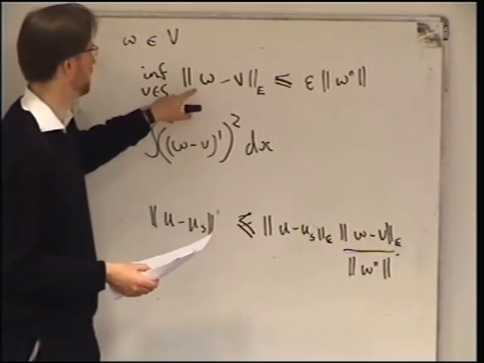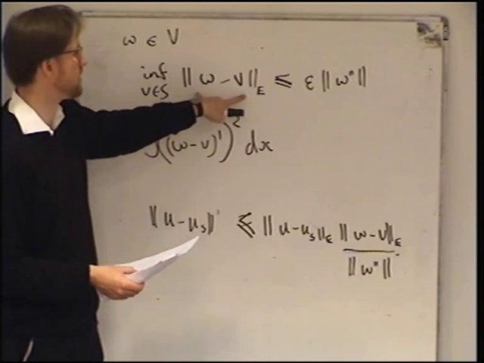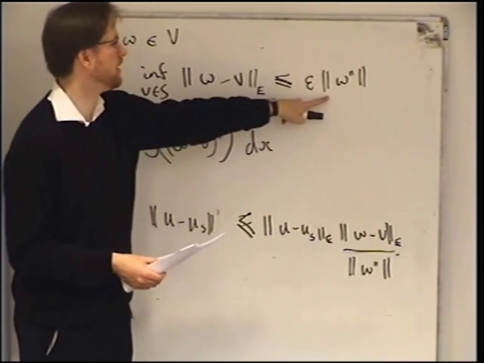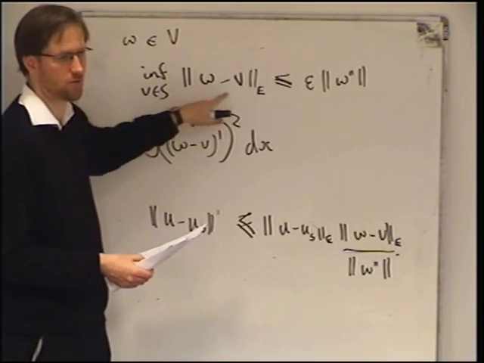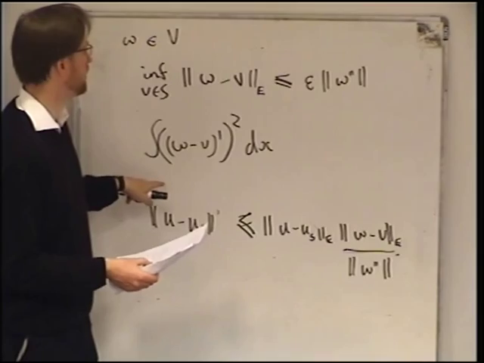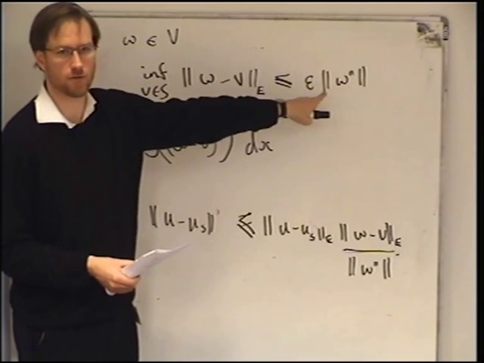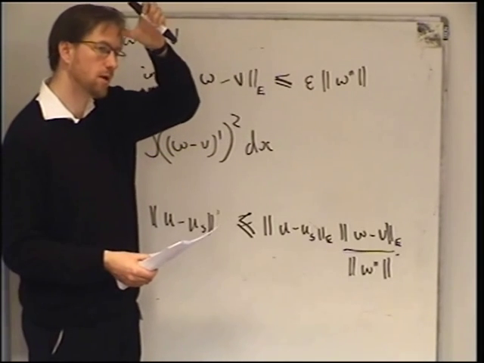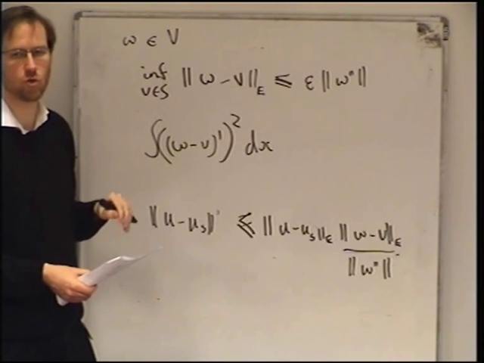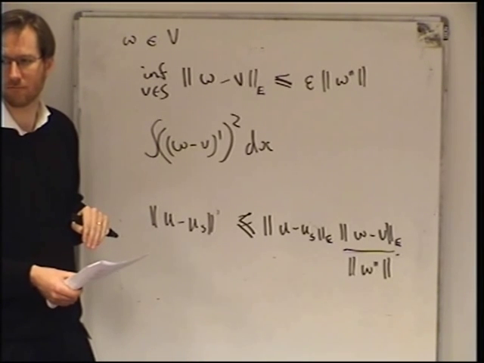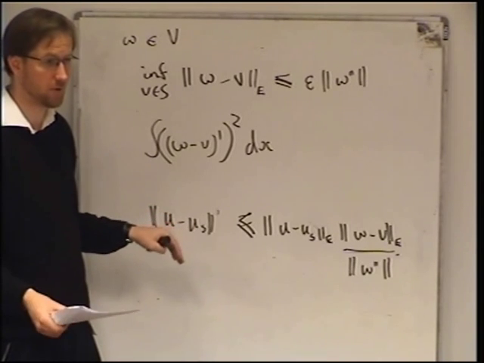So in some sense, that and that are both second derivatives, right? This is a sort of weak second derivative because it's this thing, and this is then the straight pointwise second derivative. And so what we're trying to say is that if we are good at approximating second derivatives, then everything falls out and we're done.